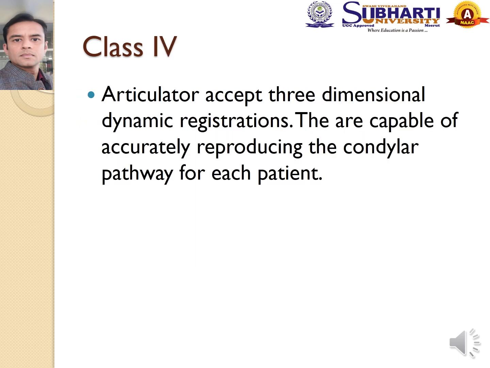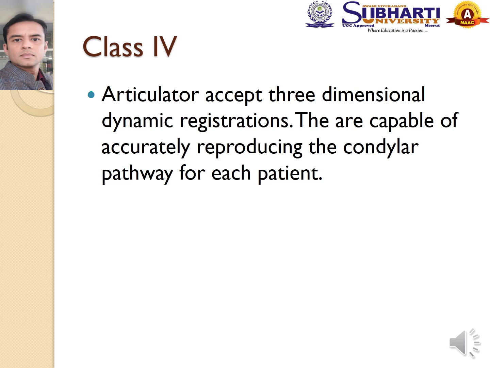Now coming over to class 4, we do not have any subtype in this. So these are the articulators which accept three-dimensional registration. They are capable of accurately reproducing the condylar pathway for each patient. So now here we have a point. Type 1 only vertical, type 2 vertical and limited horizontal, type 3 horizontal and vertical.